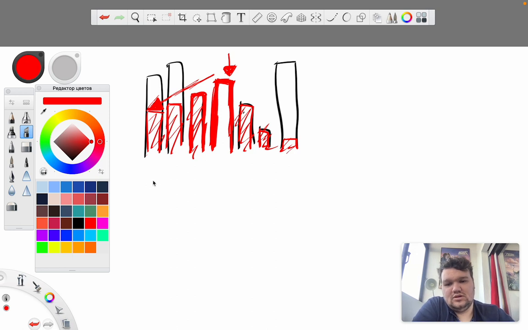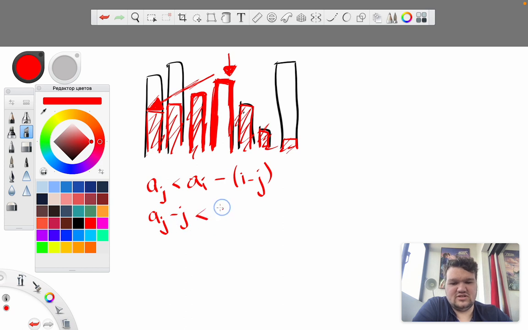So A_J is smaller than A_I minus distance, but distance is just I minus J, since we know that J is smaller than I. And we can move J here and we'll get A_J minus J smaller than A_I minus I.